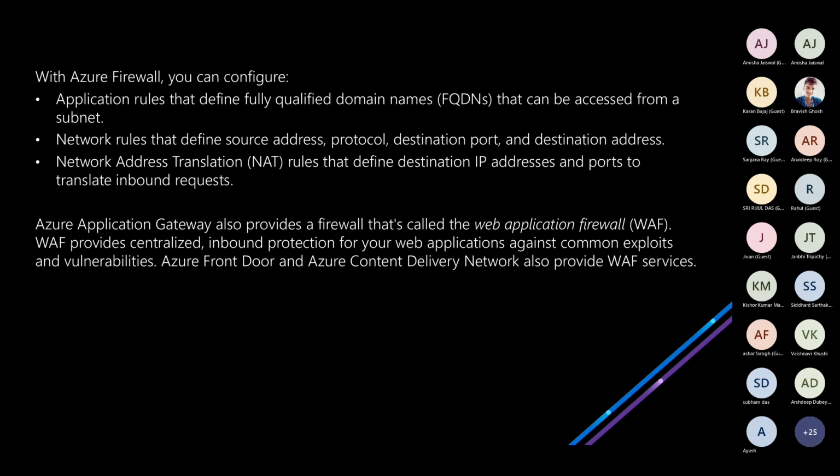Azure Application Gateway also provides a firewall called the Web Application Firewall. WAF provides centralized inbound protection for your web applications against common exploits and vulnerabilities. Azure Front Door and Content Delivery Network also provide WAF services.